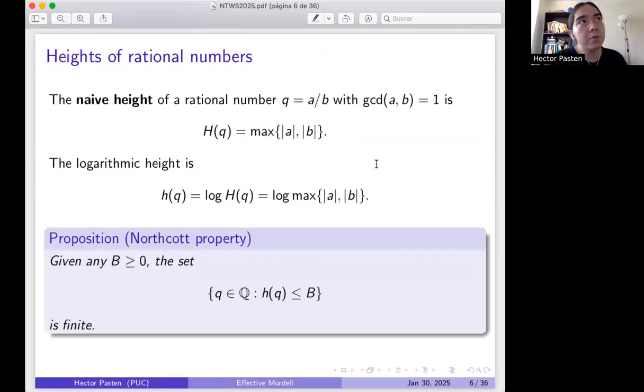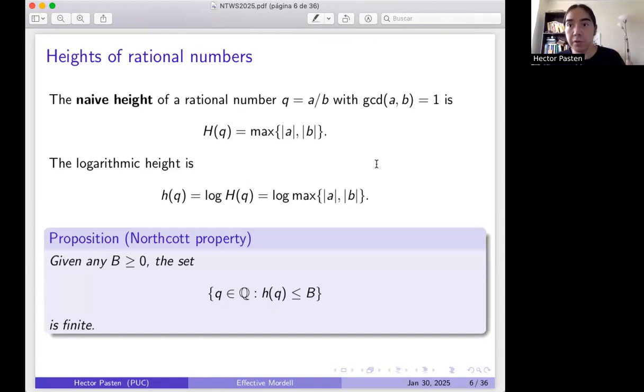Now I need to say something about height, just to fix the notation. The naive height of a rational number will be denoted by capital H, and is going to be the maximum in absolute value of the numerator or the denominator of your rational number, written with coprime integers. And this measures the complexity of your rational number.